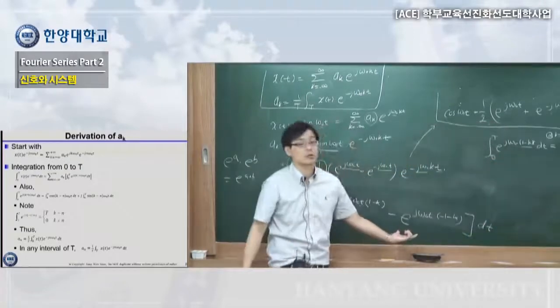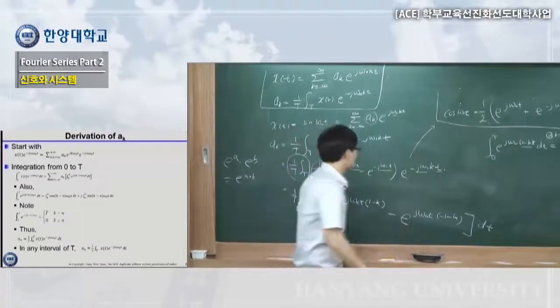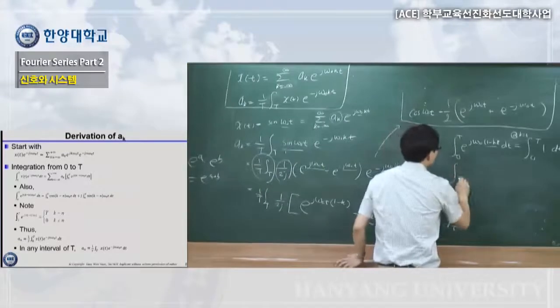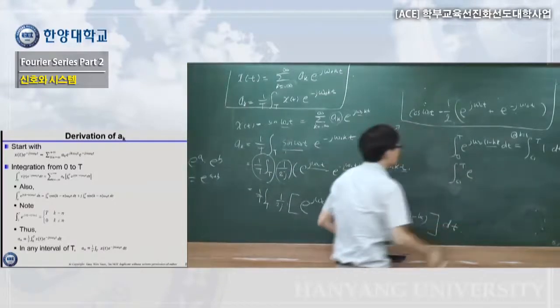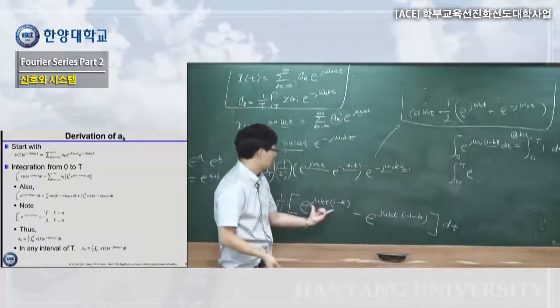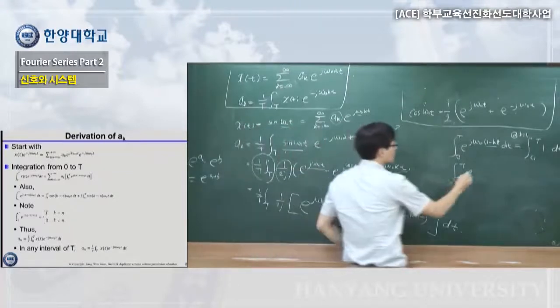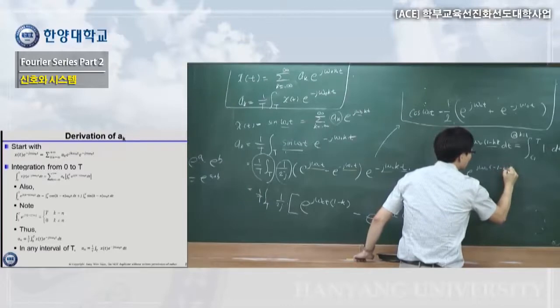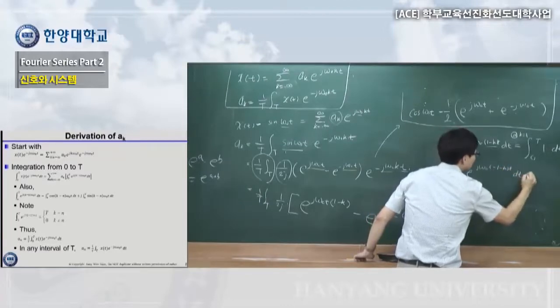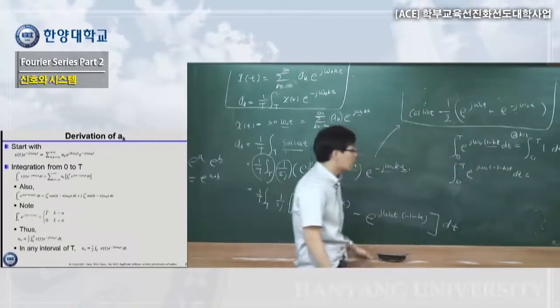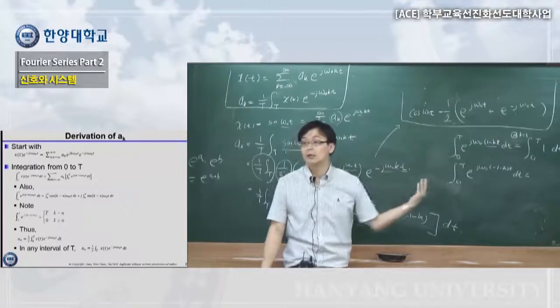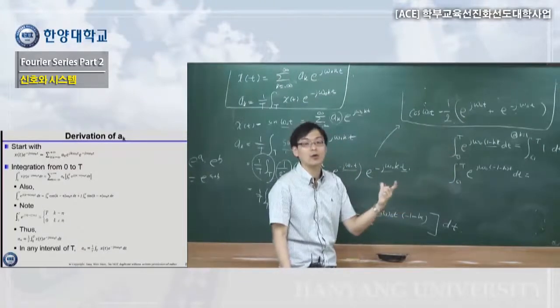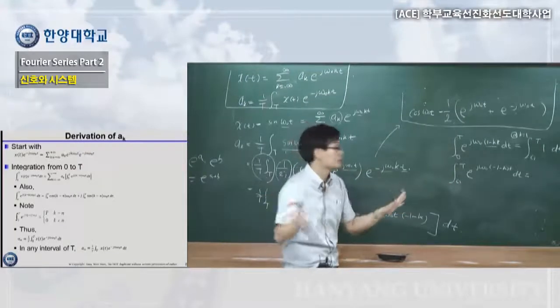What about the second integration? Let's have it. Exponential j omega 0 times minus 1 minus k, t dt. This is the same form also, right? The variables are changed, but it is the same form.